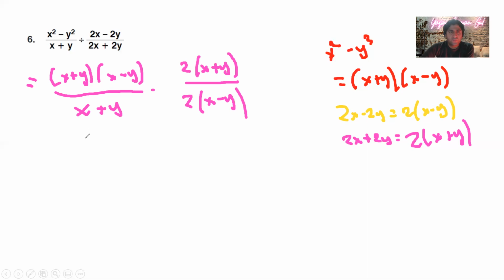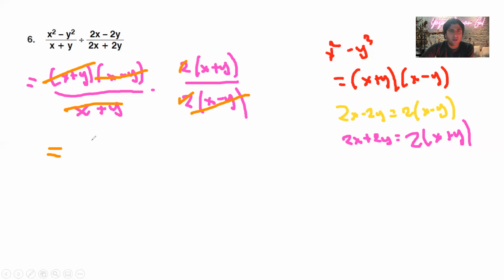All right, so this equals, well, okay, let's cancel the ones that are the same. Let's see what is here. This x plus y, they will cancel each other. X minus y here cancel each other. 2 and 2 cancel each other.